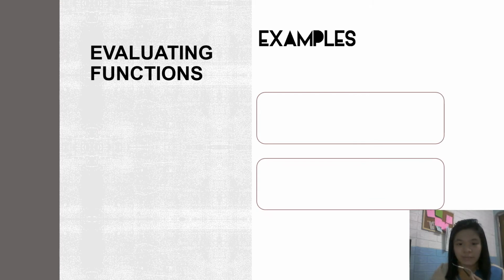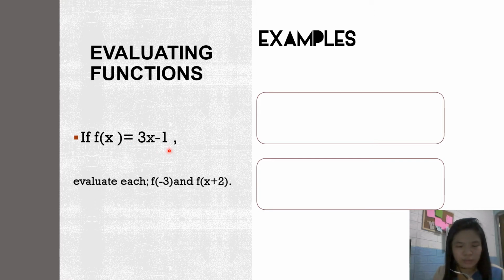Let us have another example. We have another function notation, which is f of x equals 3x minus 1. We're asked to evaluate it with values of -3 and x plus 2. Our first given is f of -3 equals 3x minus 1.